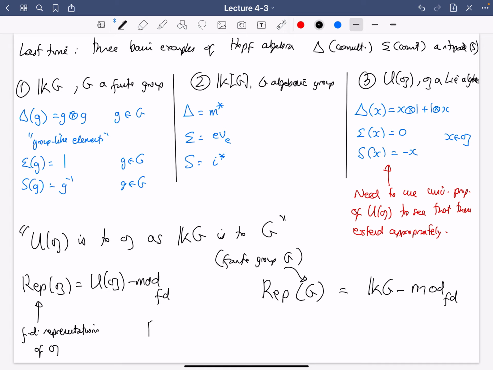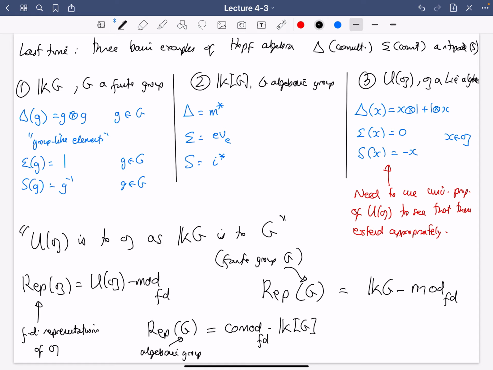But for an algebraic group, it was a little bit different, right? The category of finite dimensional representations of an algebraic group is actually the category of finite dimensional comodules over the coordinate algebra. So you need this notion of comodule when studying representations of algebraic groups.